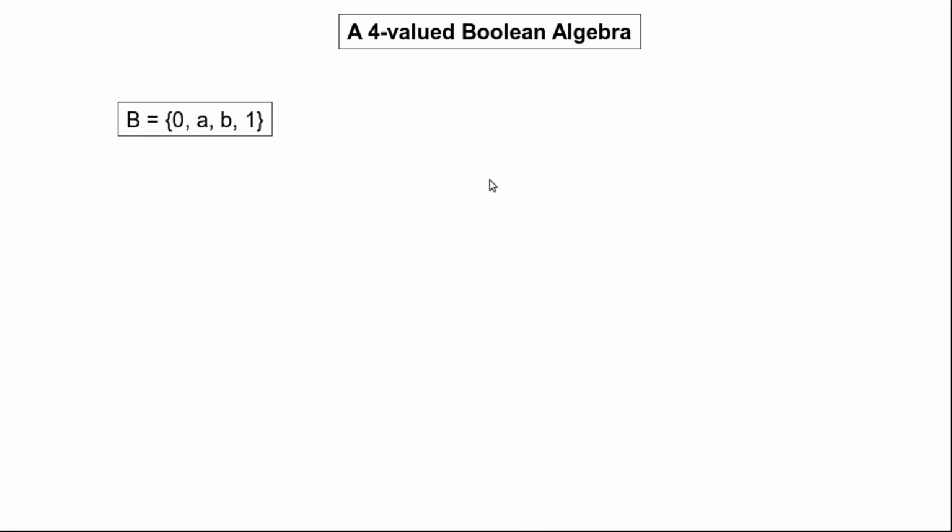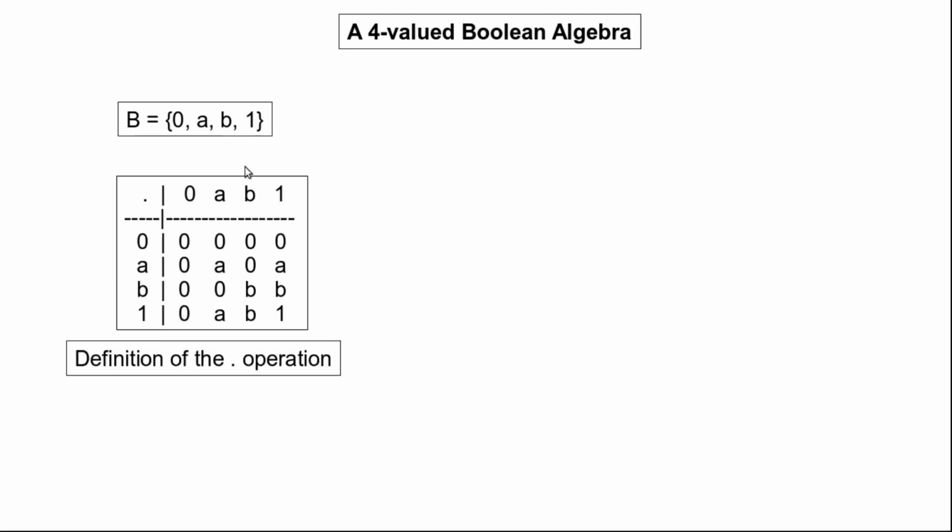Now let us look at a 4-valued Boolean algebra. So we consider a set which has 4 elements, 0, a, b and 1. And now let us define the dot operation using this table. So this is the definition of the dot operation.